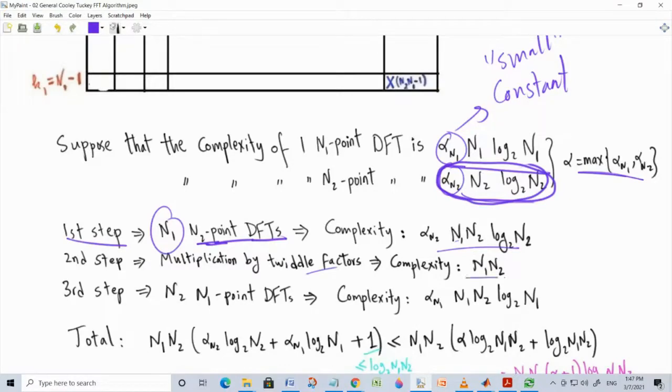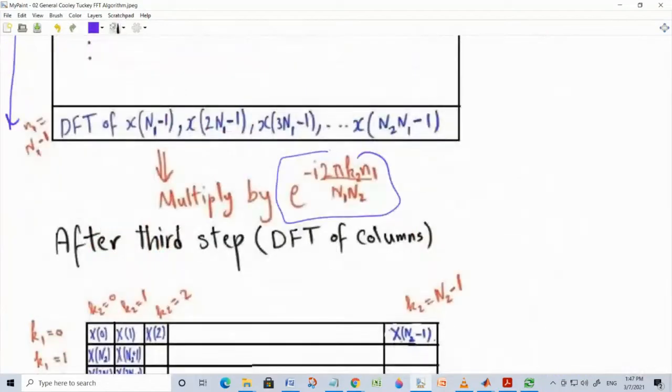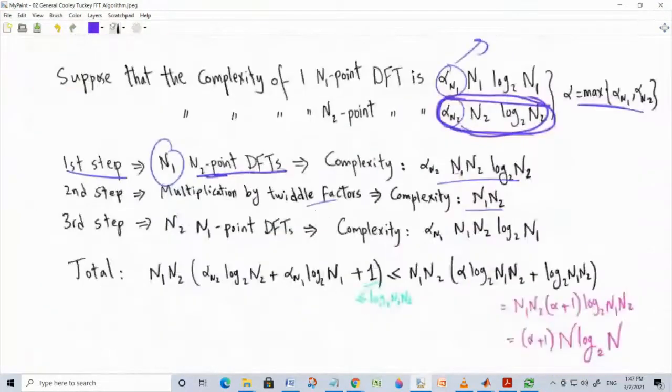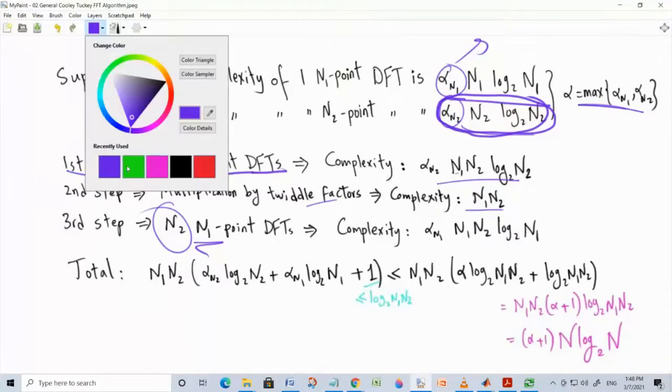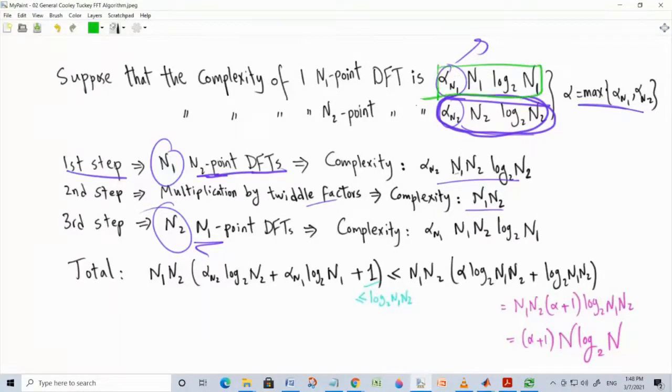Multiplication by the twiddle factors, basically you multiply the full array. Each element in the array is multiplied by this term here. So that's N1 N2 multiplications. And then we do the DFTs of the columns. Each column has N1 points and there are N2 columns. So the overall complexity is this quantity here multiplied by N2.